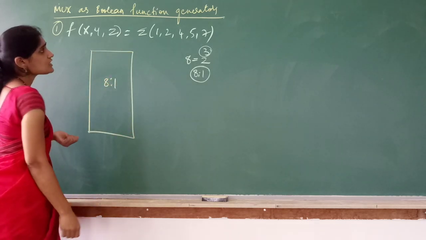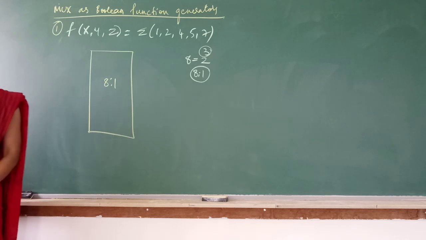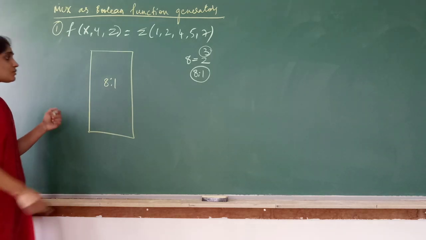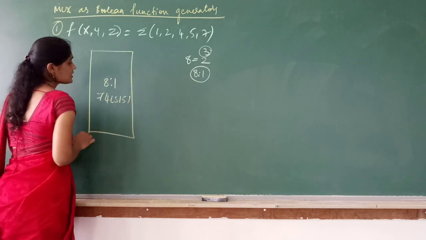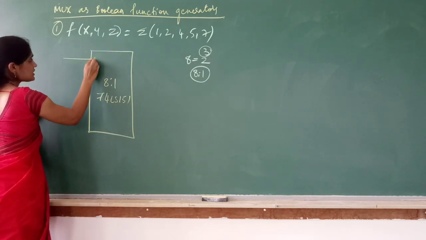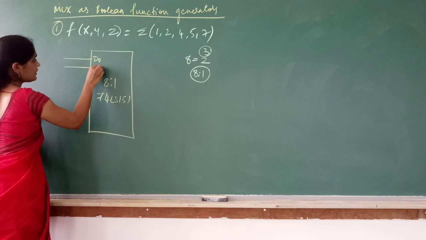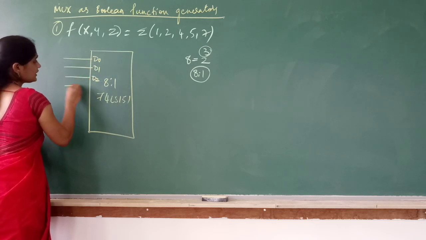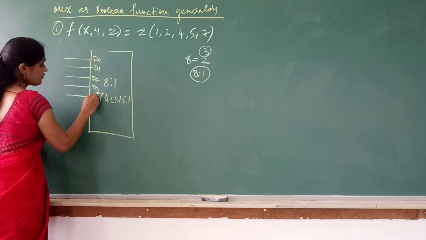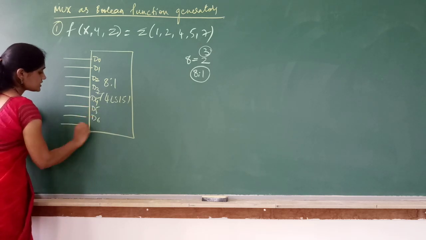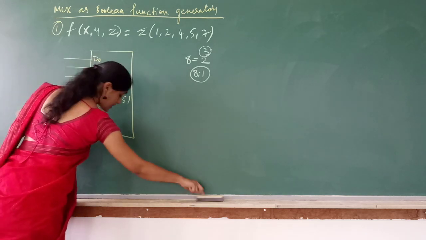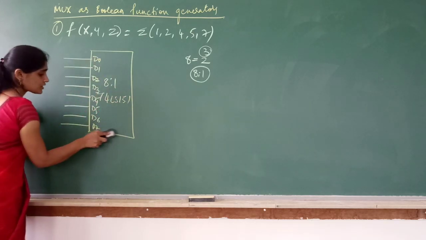Here they have not told us to use the IC, otherwise you can even use the IC. What is the IC number we have? 74LS151. So how many inputs? 8 inputs. D0, D1, D2, D3, D4, D5, D6 and D7. And along with this we also have one enable input. Am I correct?